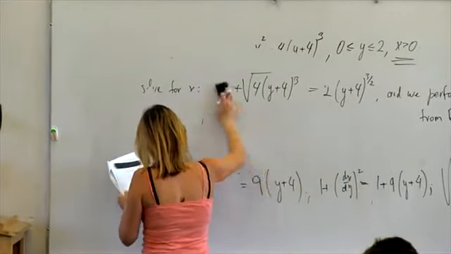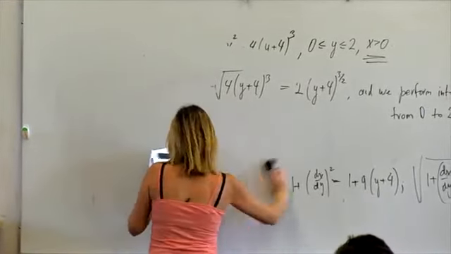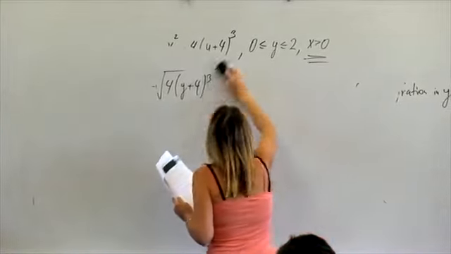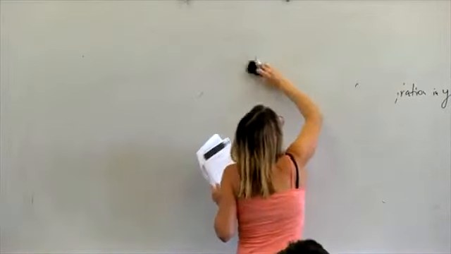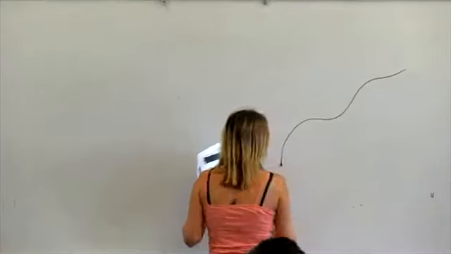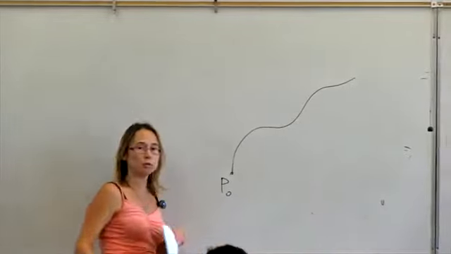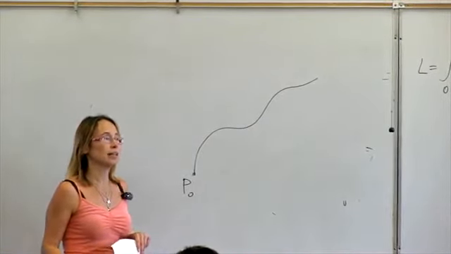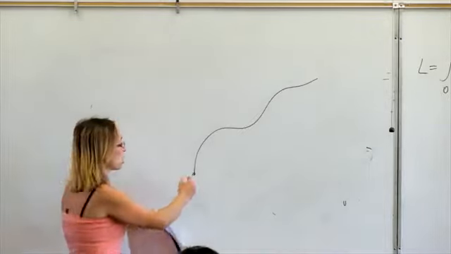We're going to do the following. Let's suppose we have a curve, and we have some starting point, P0, and we want to know how the length of the curve changes as we travel along.